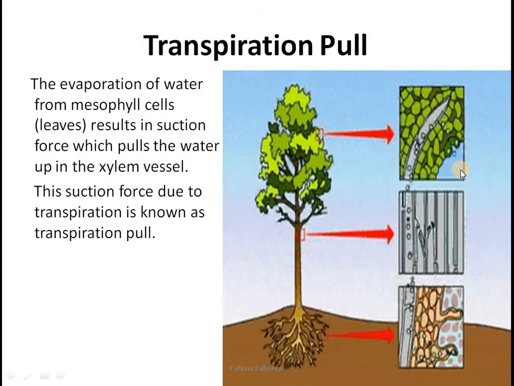So the evaporation of water from mesophyll cells results in a suction force which pulls the water up in the xylem vessel. This suction force due to transpiration is known as transpiration pull.